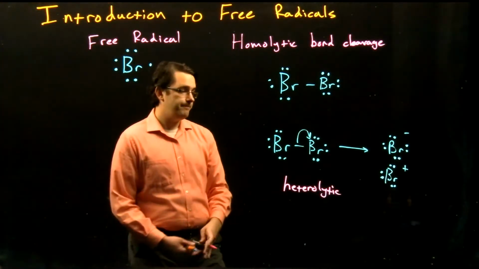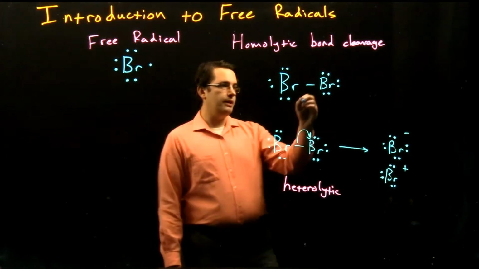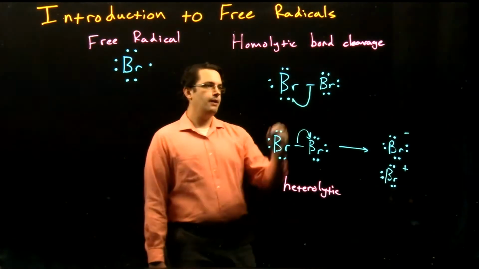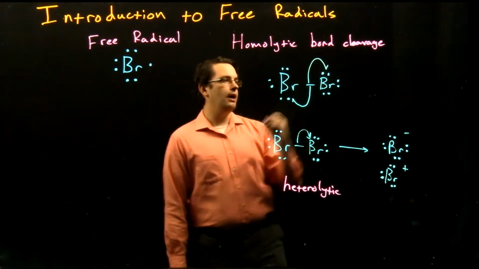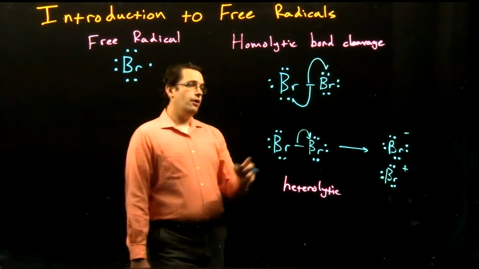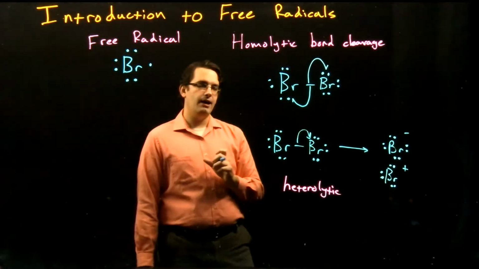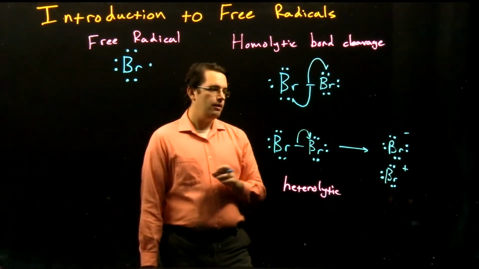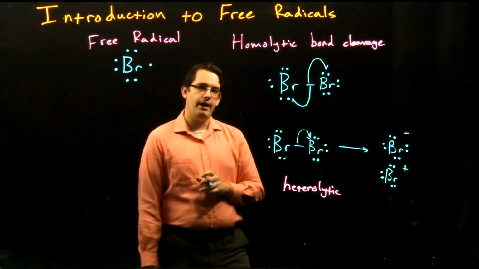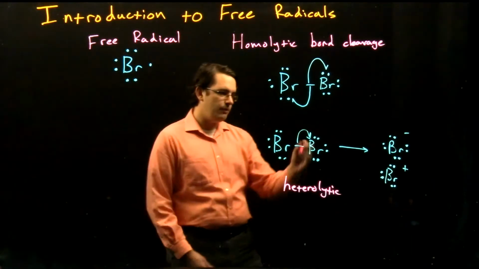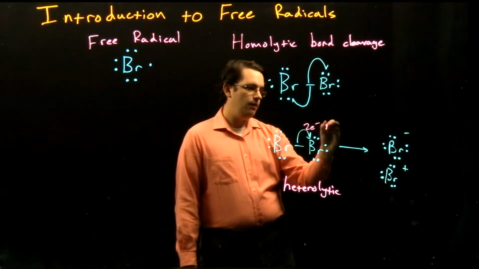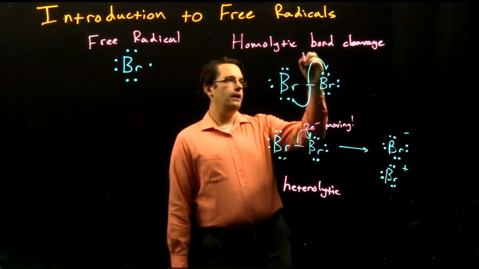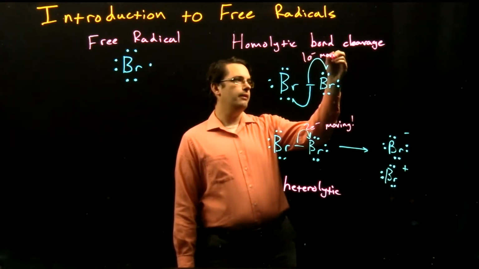all of those electrons. So our homolytic bond cleavage, we're going to take one electron and put it on one bromine, and another electron and put it on the other bromine. Notice here, as I'm drawing these electrons moving out of our bond, I'm using arrows with just half of an arrowhead here. Right? So our normal curved arrows with a full arrowhead indicate 2 electrons moving, whereas here with our half arrowheads, this is just 1 electron moving.